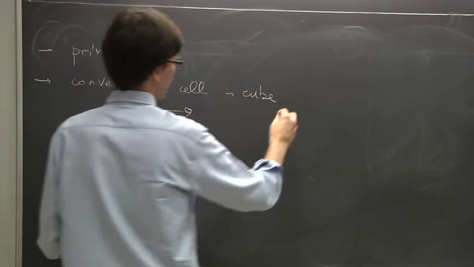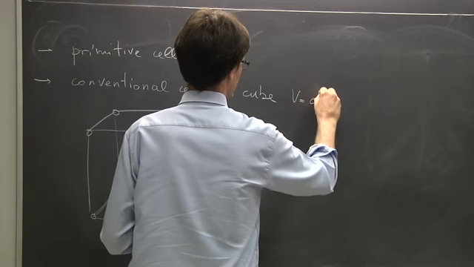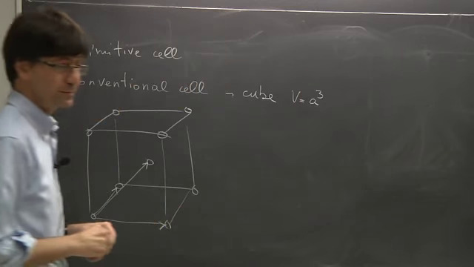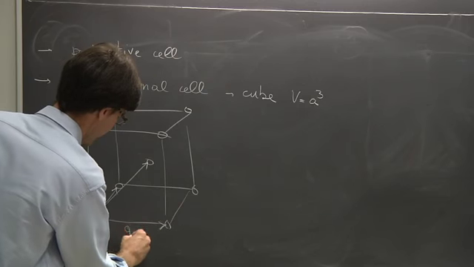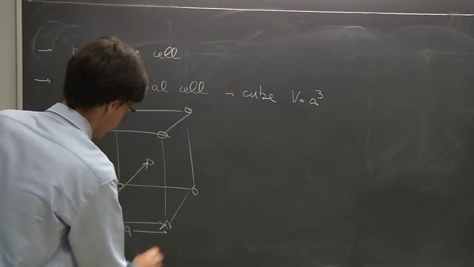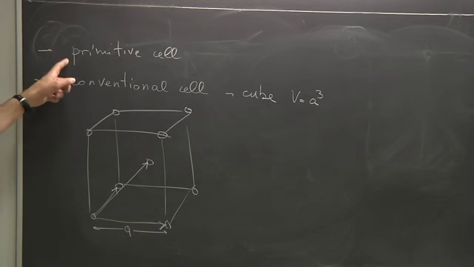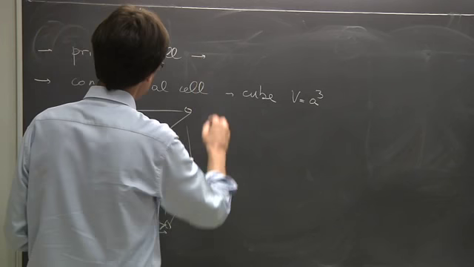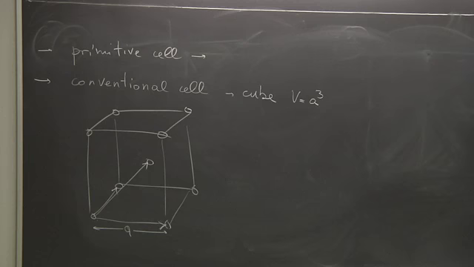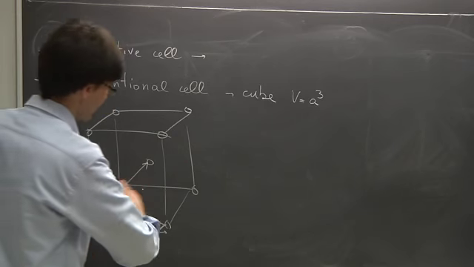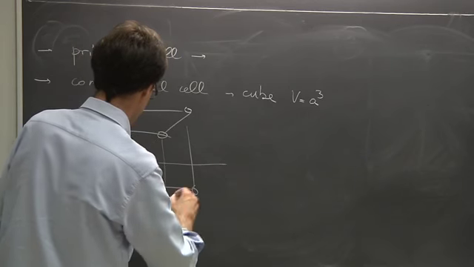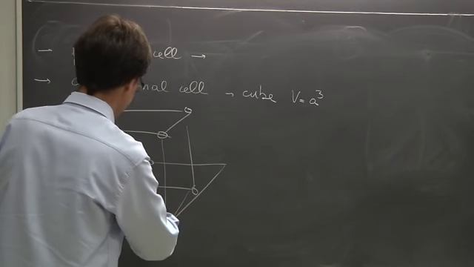So it would have, for example, a volume equal to A cubed, if A is the side of the cube, of course. While the primitive cell for the BCC is a very awkward object. For example, if you choose the unit cell generated by these three vectors, it's a very complicated object.